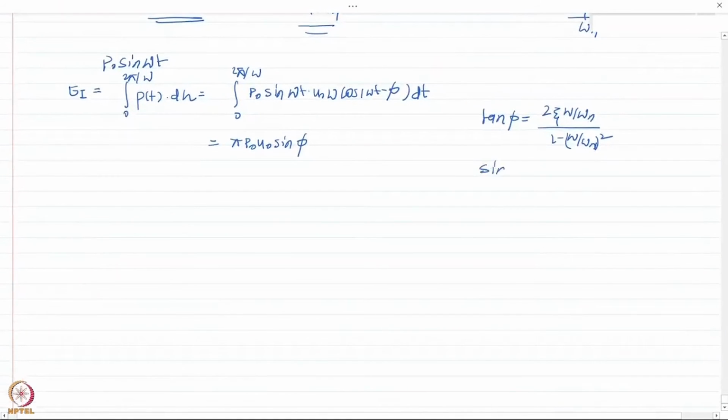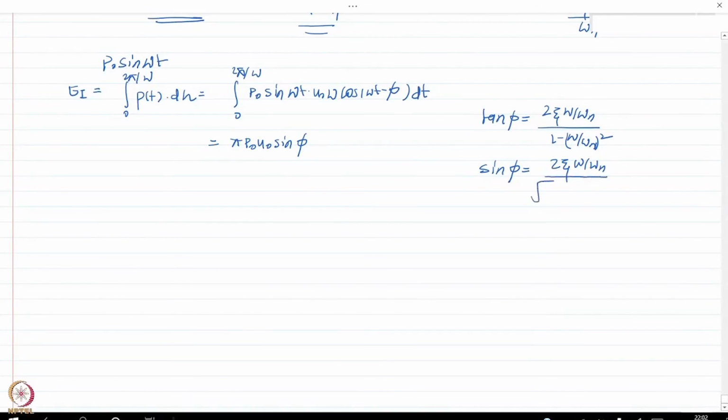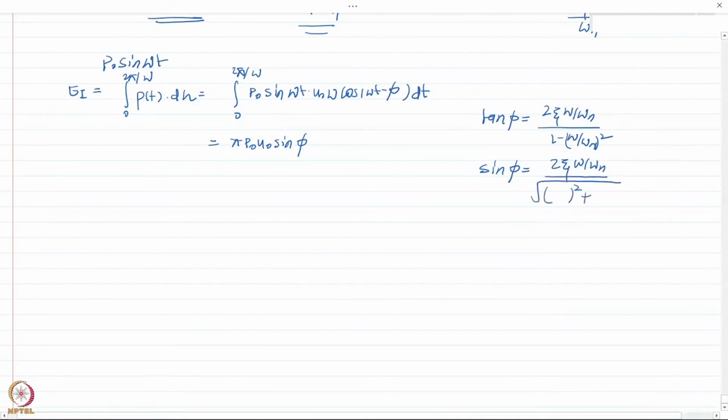So sine phi is basically 2 zeta omega by omega n divided by this expression square, for this square and then this square, and the denominator is nothing but the RD value, isn't it? So this is omega by omega n times RD. I'm going to substitute the expression for RD and see what we get.